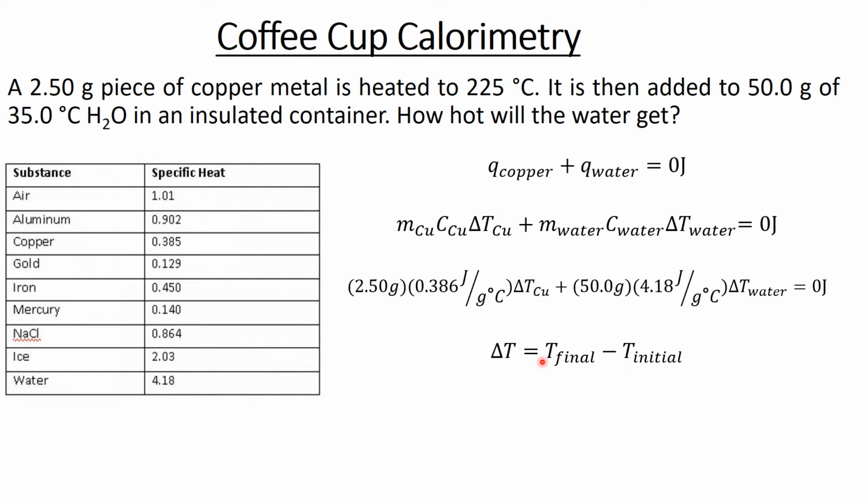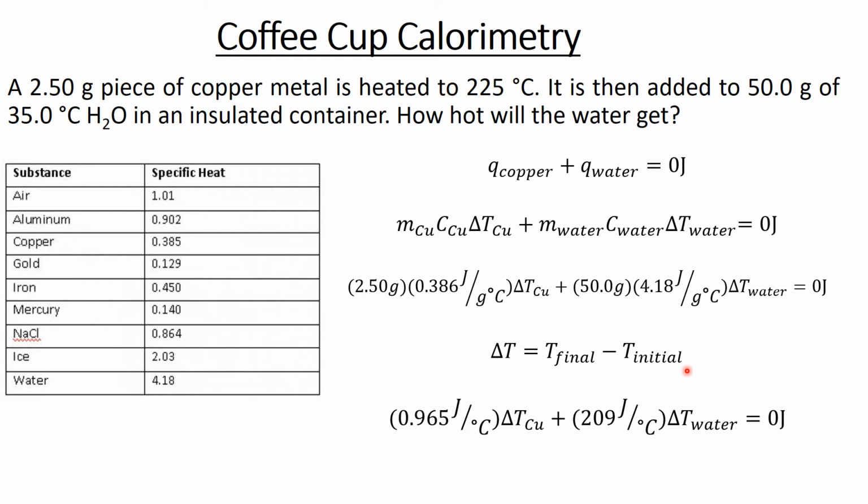If you want to figure out how far you've traveled, you subtract your initial position from your final position. So it's the same thing with temperature. If you want to know the change in temperature, you figure out what the final temperature is, you figure out what the initial temperature is, and then you subtract the two numbers.